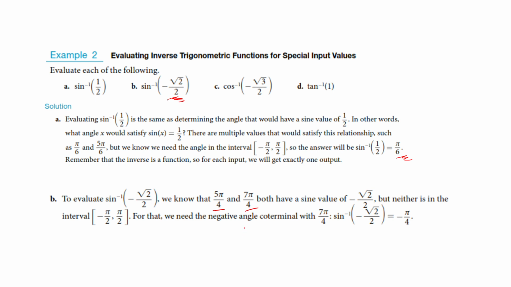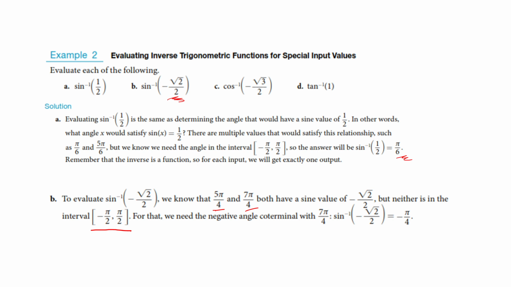But here's the trick. This is what gets a little more difficult. Out of an inverse sine, we have to get something that's in that range. Remember, we've limited this. So I have to get something out that's between negative pi over 2 and pi over 2, and neither of these are.